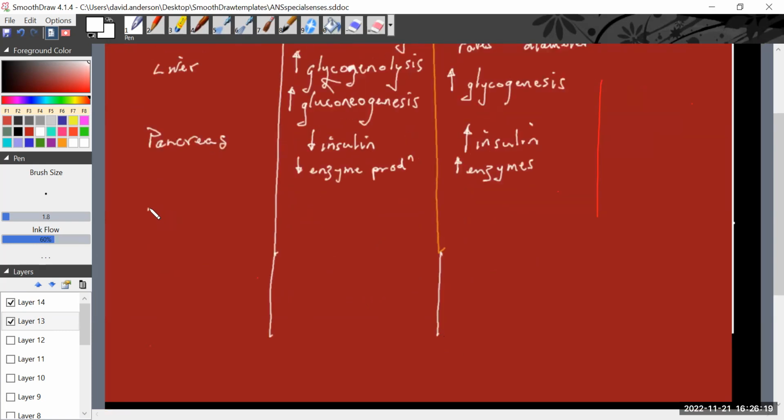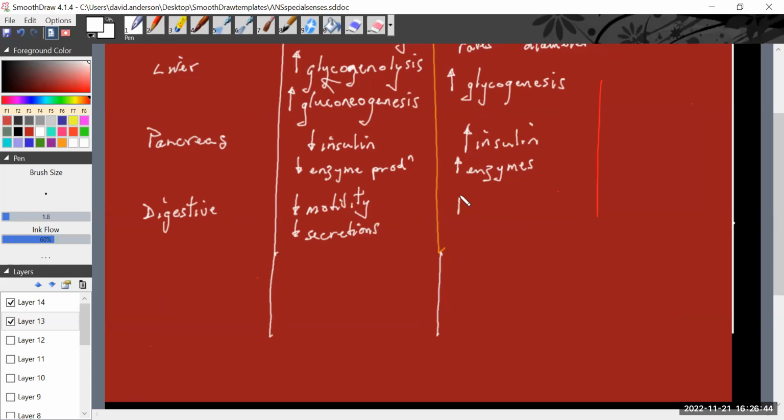So in the digestive system, in fight or flight, we decrease motility and we decrease secretions. In other words, we're not going to be interested in digesting food during fight or flight.